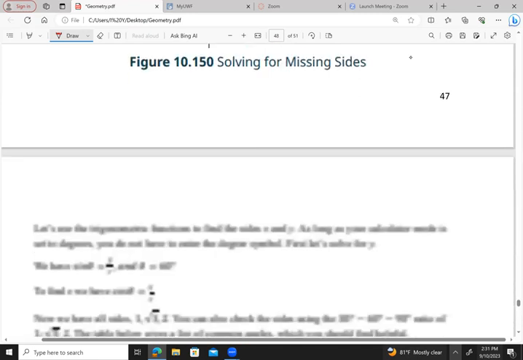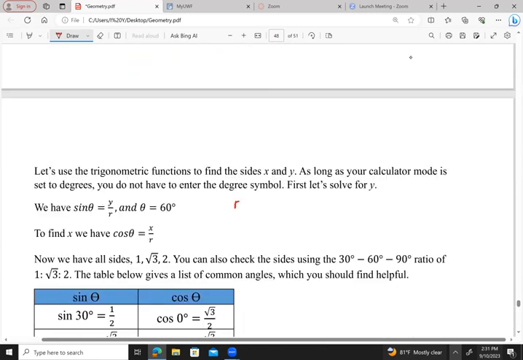R is 2. So y equals 2 times the sine of 60. And let's see what happens here. I hit 2 times sine 60.